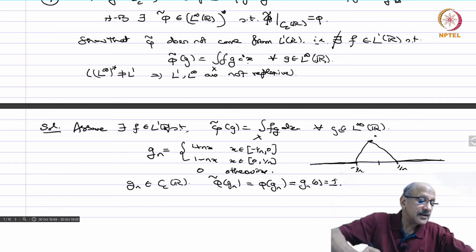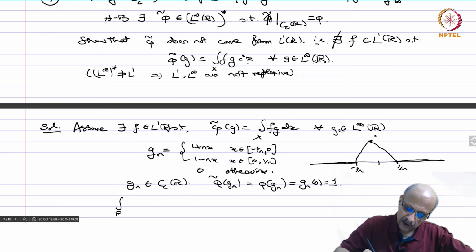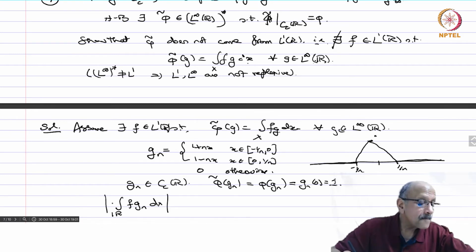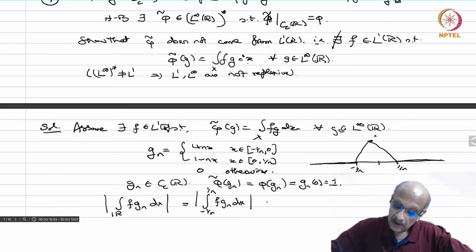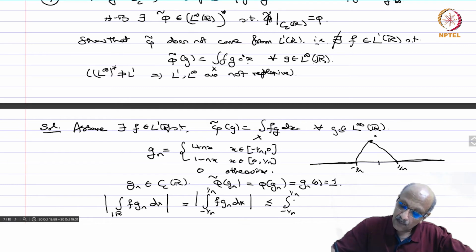On the other hand, you have the modulus of the integral over R of f g_n dx, which is equal to the integral from minus 1 by n to 1 by n only of f g_n dx, which is less than or equal to, since |g_n| is less than or equal to 1, the integral from minus 1 by n to 1 by n of |f| dx.